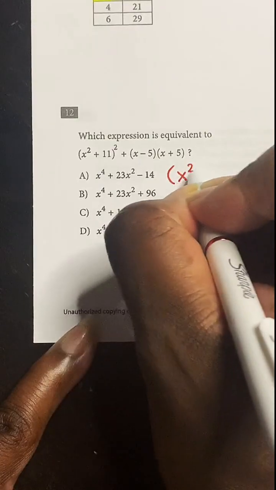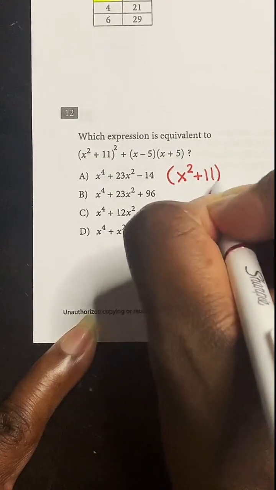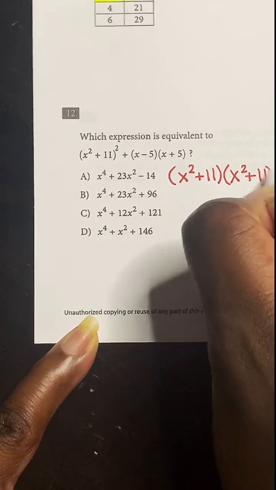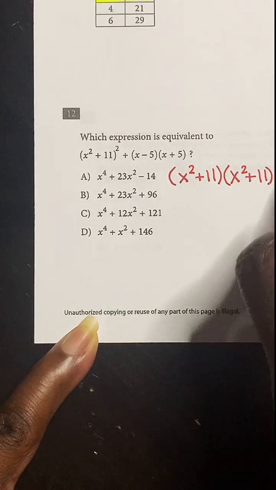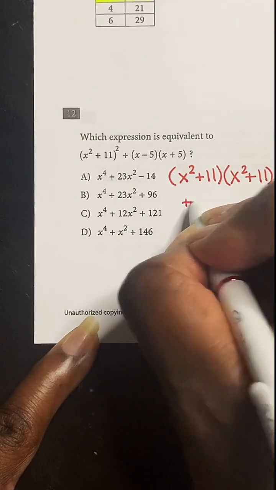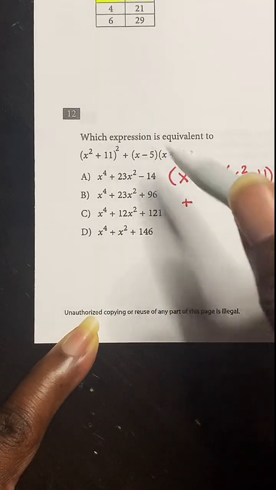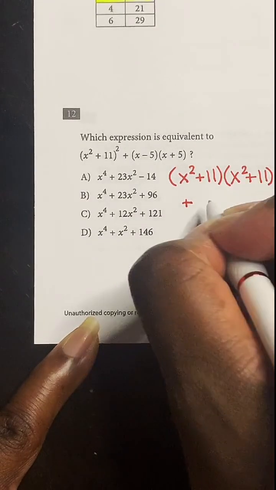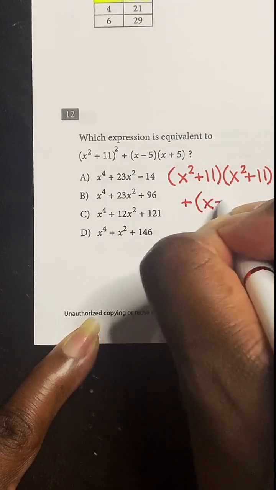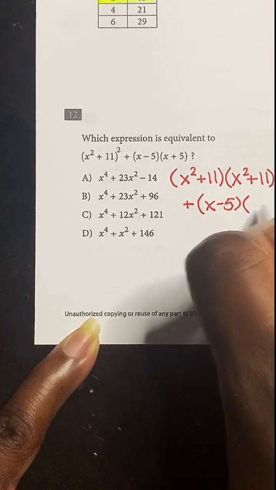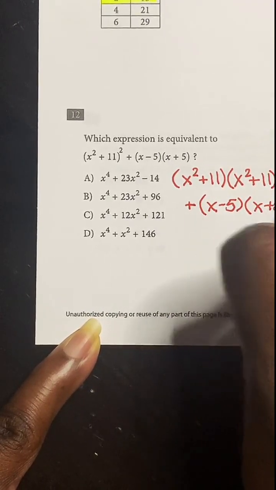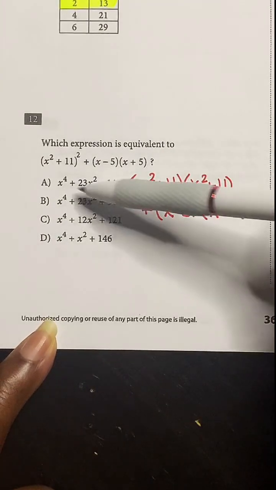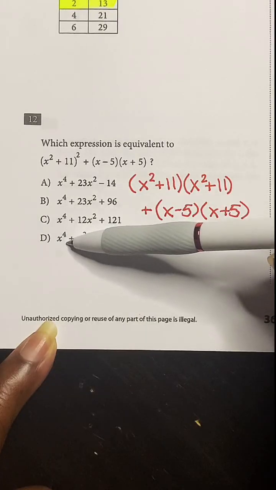So you got your x squared plus 11 times your x squared plus 11. And this is being added to your x minus 5 and x plus 5. It seems to me that most of the stuff, the leading coefficient is not going to help me out.